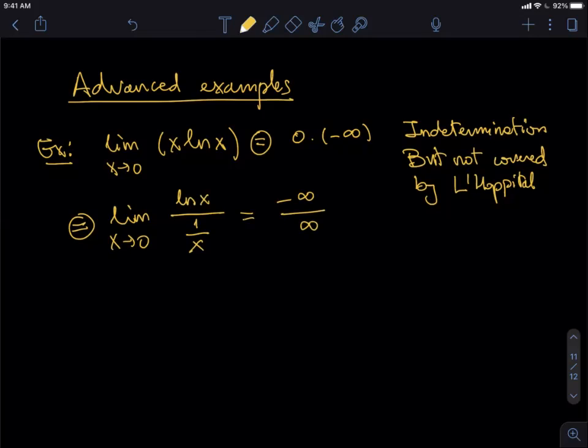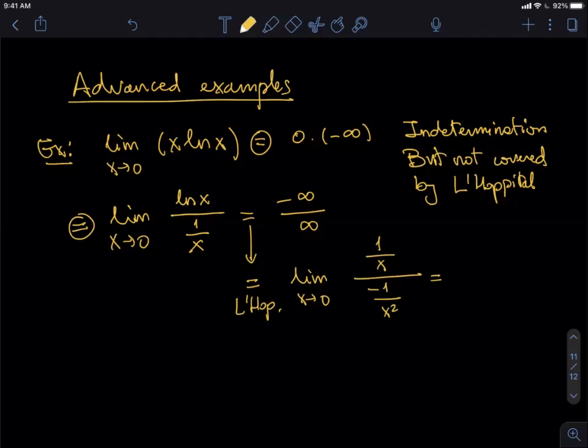So here we can apply L'Hopital, limit as x tends to 0, 1 over x, the derivative of the logarithm, divided by negative 1 over x squared, the derivative of 1 over x.